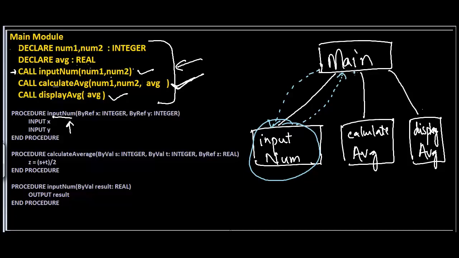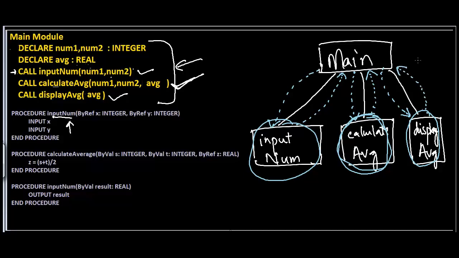Then the main module calls this procedure. It gets executed, and then the control is returned back to the main module, and then the main module calls this third procedure. This procedure executes, and once this execution is complete, the control is transferred back to the main module.